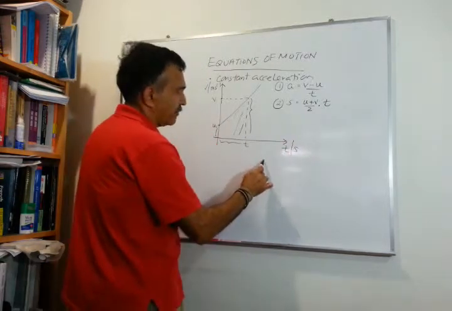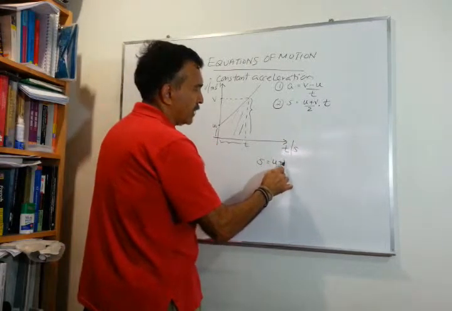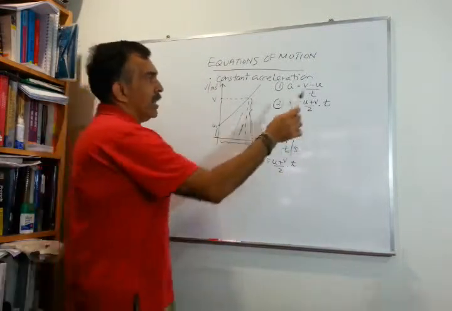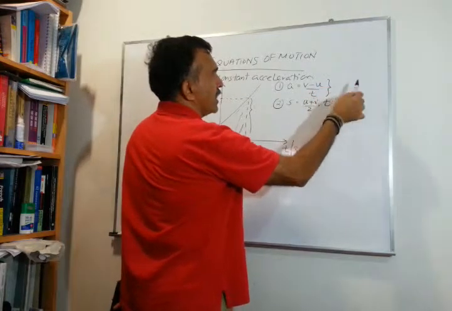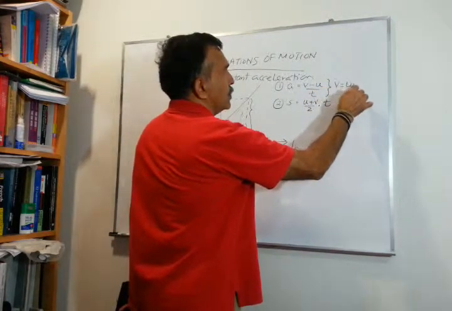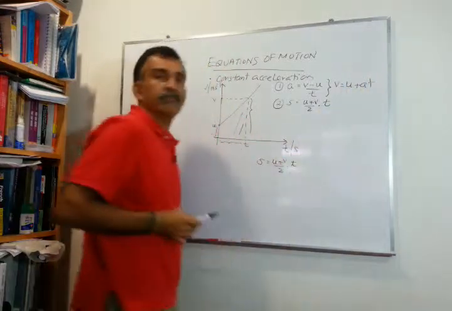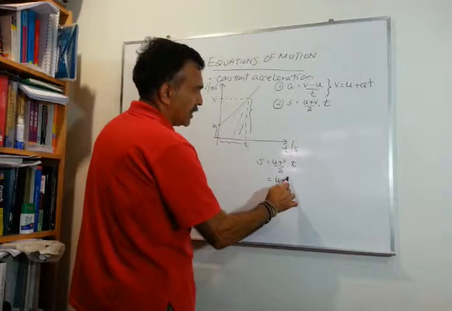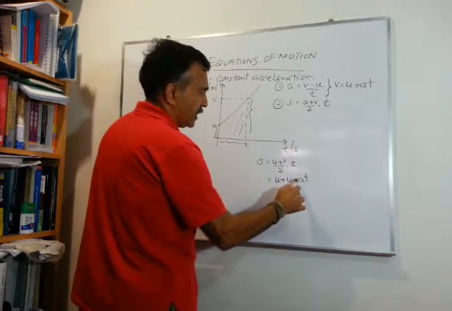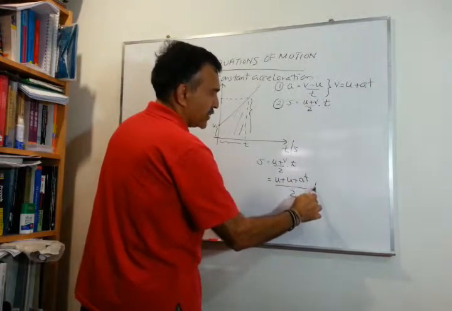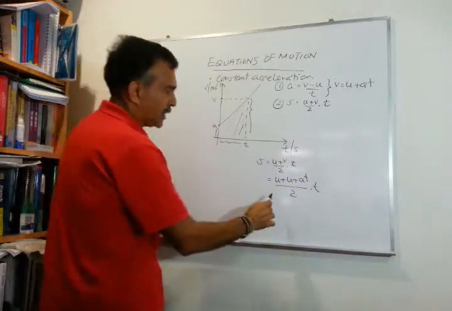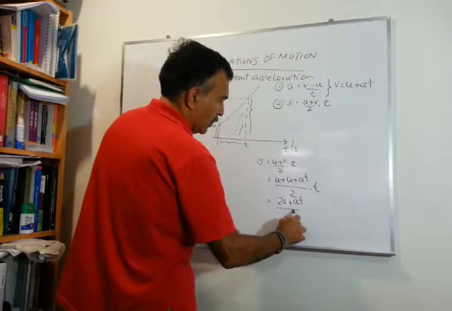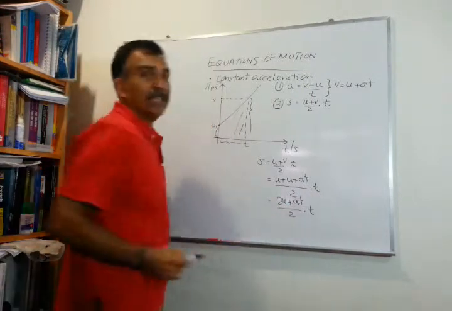And now let's play around with these formulas. Now let's start here. S equals u plus v over 2 times t. Now from here we can write v equals u plus at. So now let's substitute u plus at over 2 times t. So this becomes 2u plus at over 2 times t.